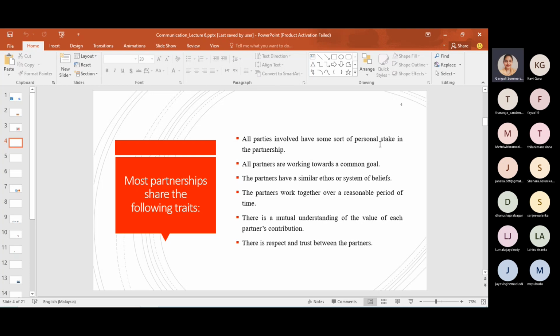The purpose of having a mutual understanding is that when you have a mutual understanding about the other partners' contributions, it is very easy for you to maintain the partnership.